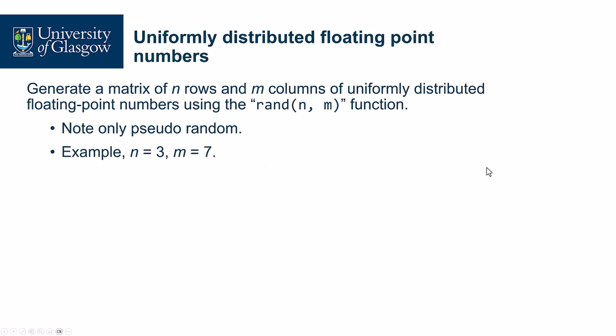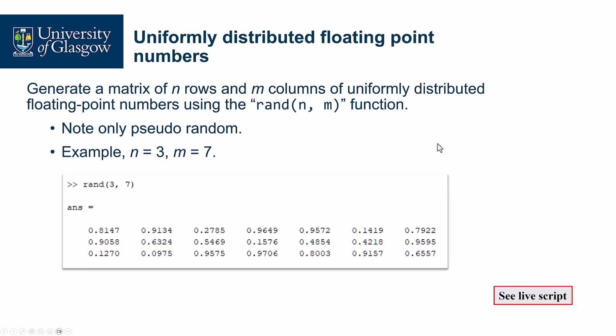Okay, the next category is generating random numbers. You have already seen rand previously. Here I generated a 3 by 7 matrix of random numbers, and they are uniformly distributed between 0 and 1.